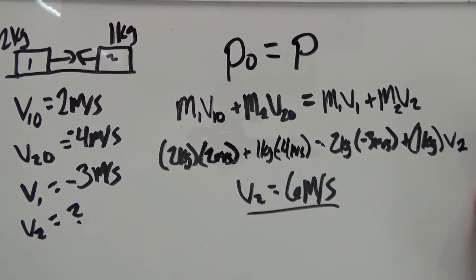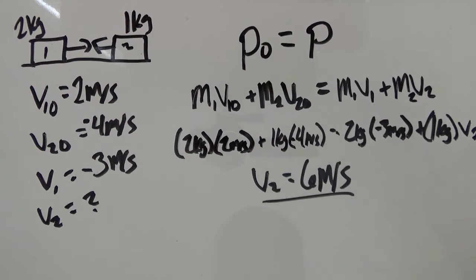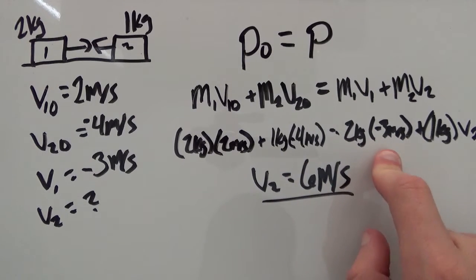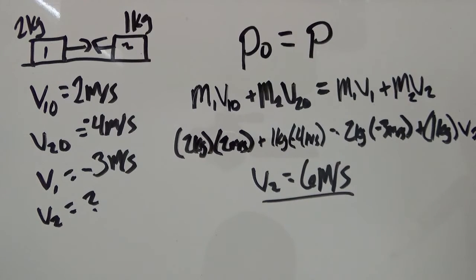A few details I want you to notice: block 1, which is 2 kilograms, went from 2 meters per second to negative 3 meters per second, right? So it went from positive 2 to negative 3. That's a velocity change of 5, right? 5 meters per second's difference between 2 and negative 3.